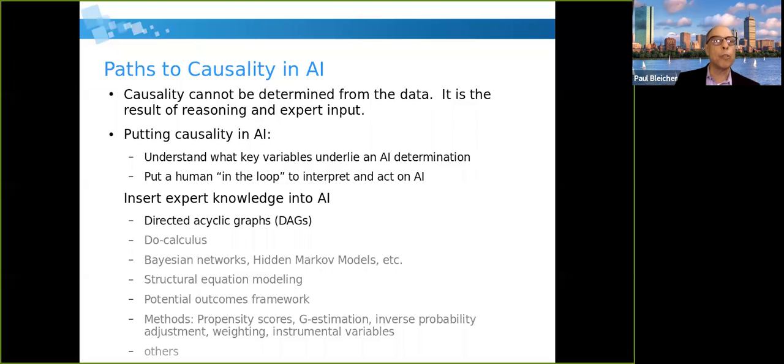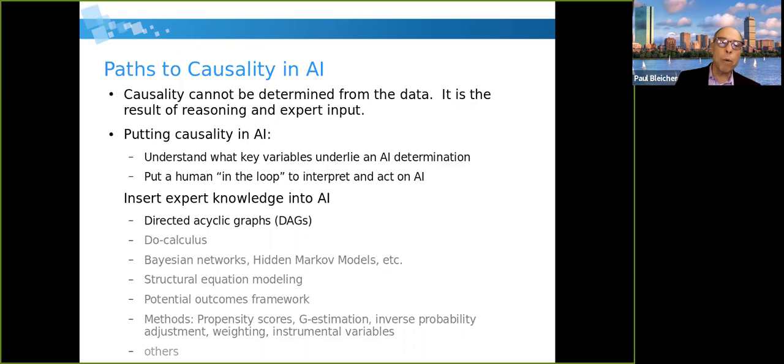It requires reasoning and expert input. And that's a very important point. We can put causality into artificial intelligence by understanding what the key variables are that underlie an AI determination, and by putting a human in the loop to interpret and act on AI. We can also insert expert knowledge into AI using directed acyclic graphs, which are called DAGs.